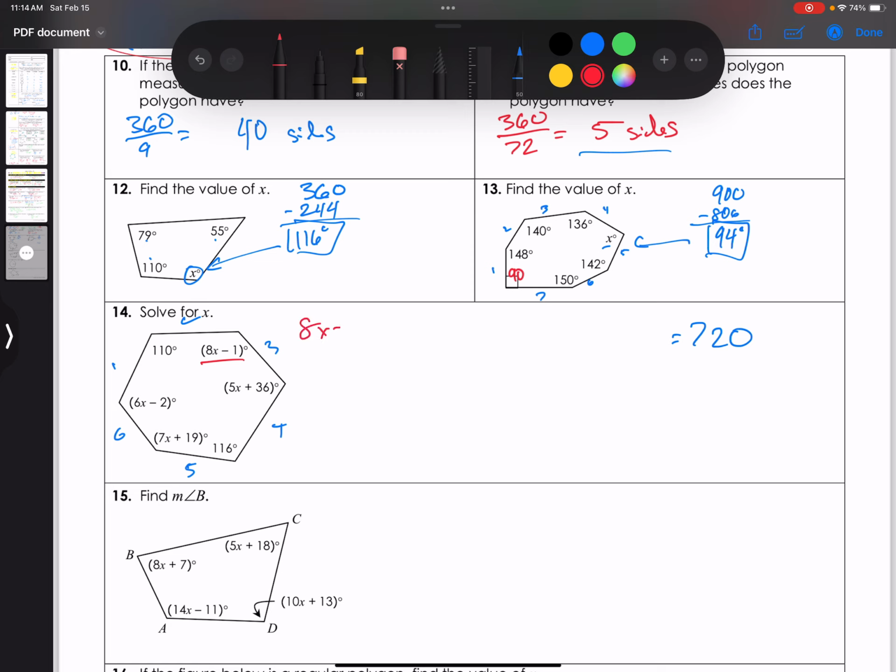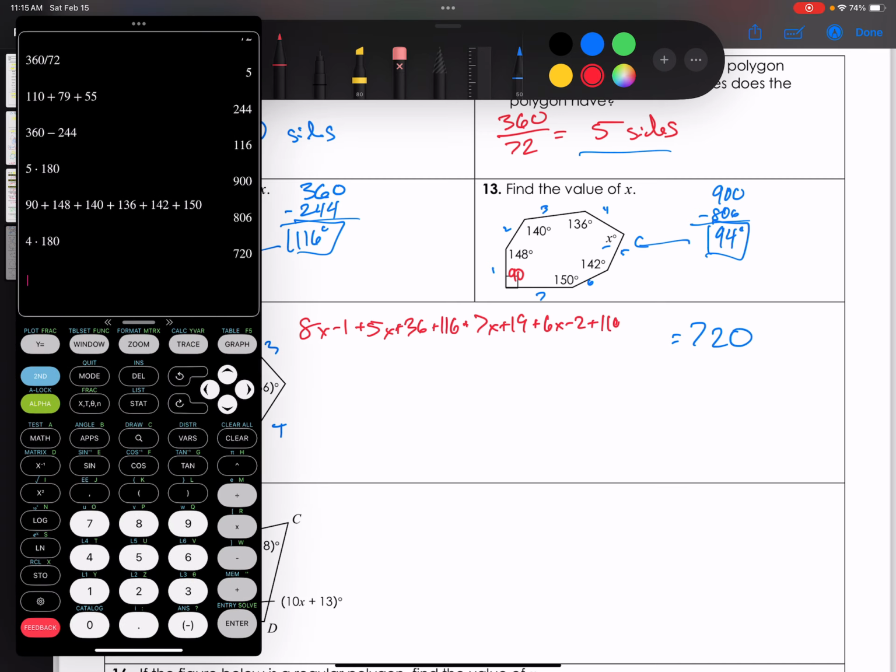Okay, so I'm going to start with 8x minus 1. I'm going to add 5x plus 36. I'm going to add 116. I'm going to add 7x plus 19. I'm going to add 6x minus 2, and I'm going to add 110. Okay, and then now I simplify. Okay, so I have a lot of common terms. I'm going to add all my x's.